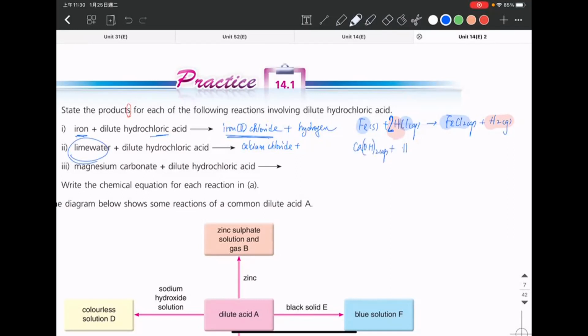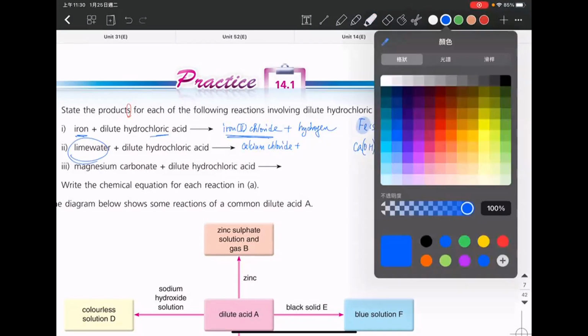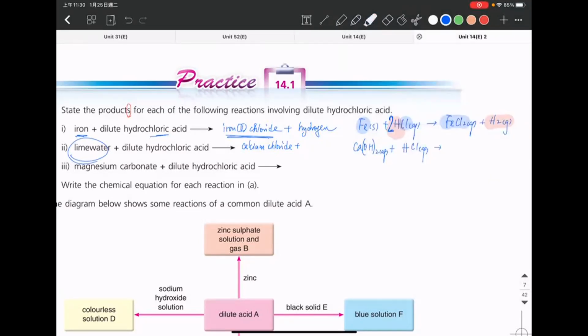And hydrochloric acid is still HCl, aq. So what will be formed? Just like the one above, you use this to highlight calcium and chloride ion to form what? That is the salt, calcium chloride.